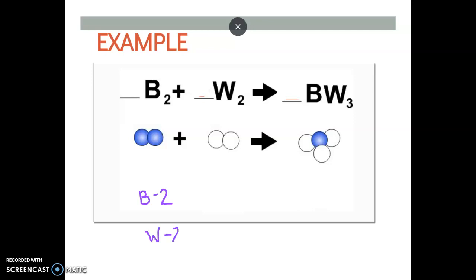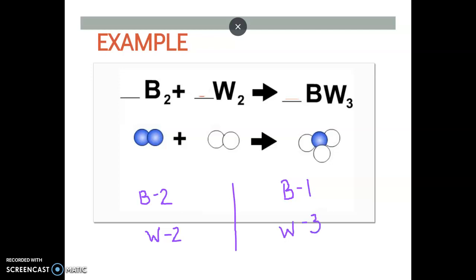This is what we mean by an inventory list. We just list all of the elements present and how many of them are present. Okay, so I'm going to put a line here to help me denote the sides. And here I've got 1 boron and 3 tungsten.